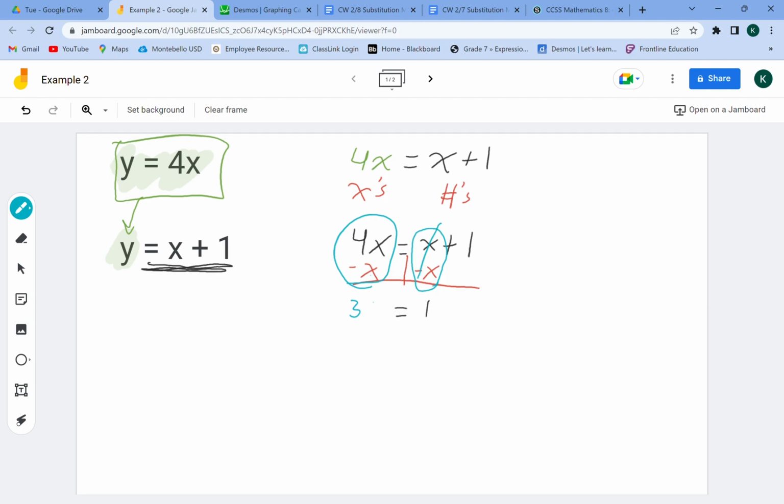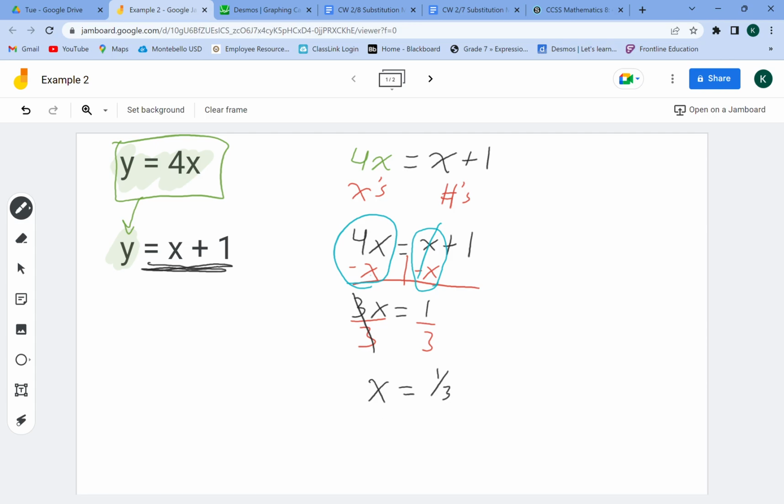Let me maintain consistency and use the black color here: 3x. Now I want to solve for x, so I'll divide by 3 on both sides. This gives me a 1 here, so I have 1x equals 1/3.